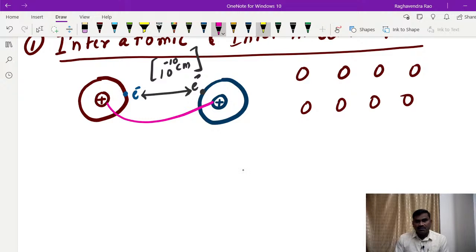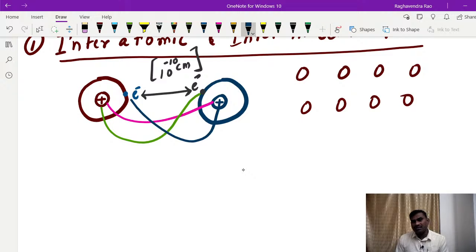There is an attractive force between this positive nucleus and this electron, and an attractive force between this negative electron and this positive nucleus. Like that, when these two atoms are brought together, when the separation between them is of the order of 10 to the power of minus 10 centimeter, what happens? There are forces between these two atoms.